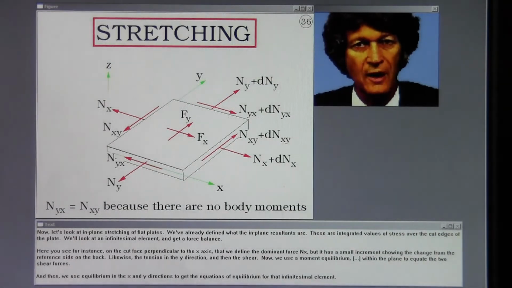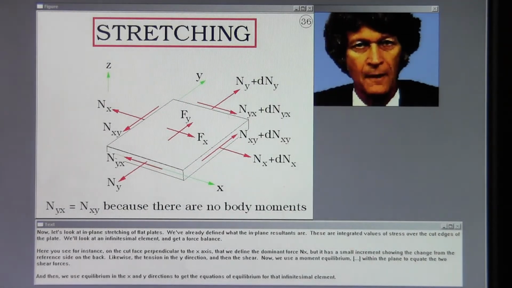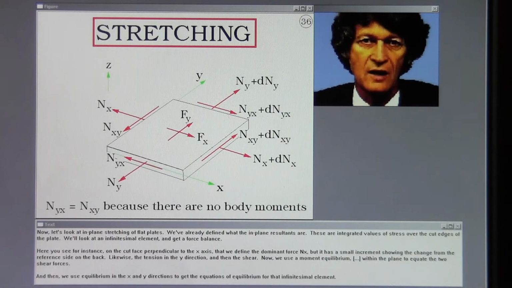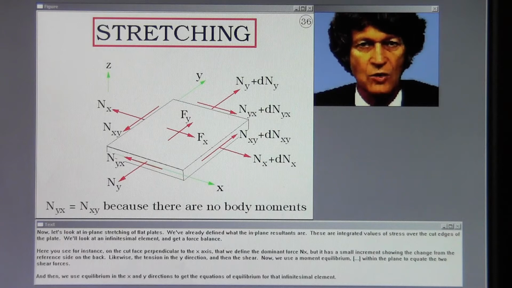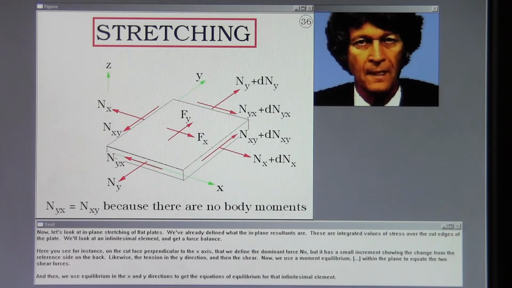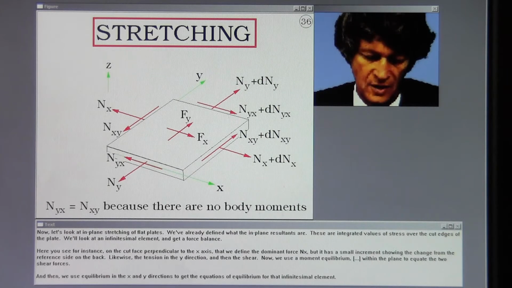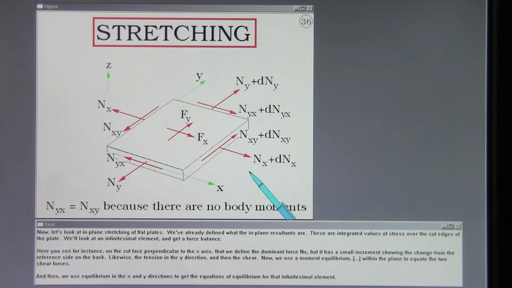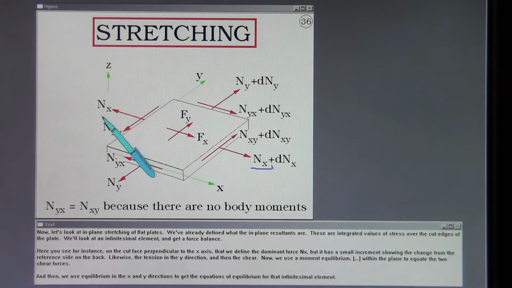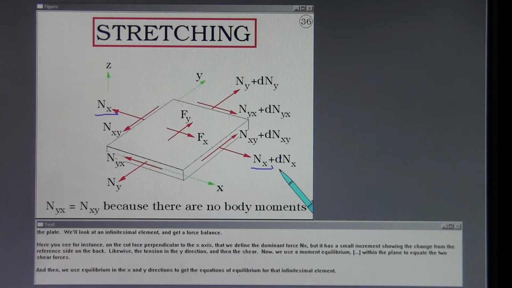Now let's look at in-plane stretching of flat plates. We've already defined what the in-plane resultants are. These are integrated values of stress over the cut edges of the plate. We'll look at an infinitesimal element and get a force balance. Here you see, for instance, on the cut face perpendicular to the x-axis that we define the dominant force Nx, but it has a small increment showing the change from the reference side on the back.